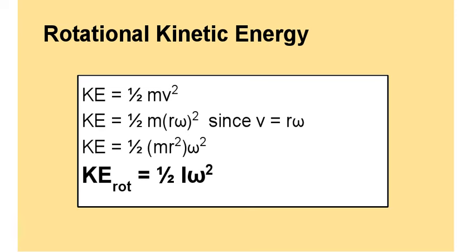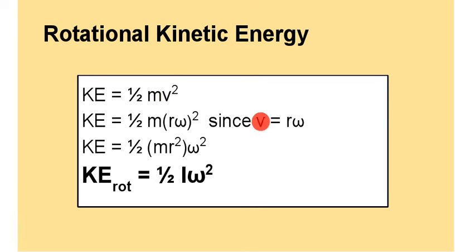Let's do rotational kinetic energy. The nice thing about chapter 10 is that it takes everything that we've done all semester, and it lets us revisit that and see it one more time, and B, it makes a whole new physics for us. This is a formula that we've seen before. Back in chapter 7, the kinetic energy of an object was equal to 1/2 the mass times the velocity squared.